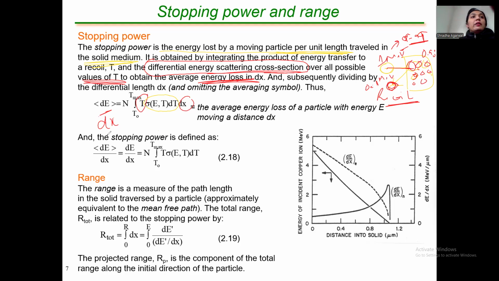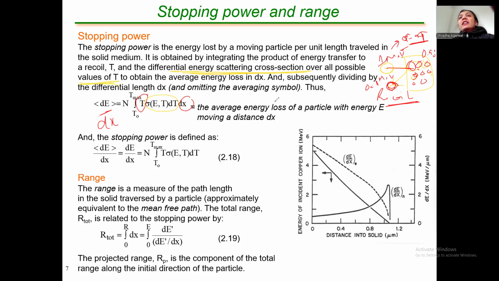As I told you while I was doing your thing on top, it depends on your energy cross section, and this energy cross section will vary over all possible values of recoil.